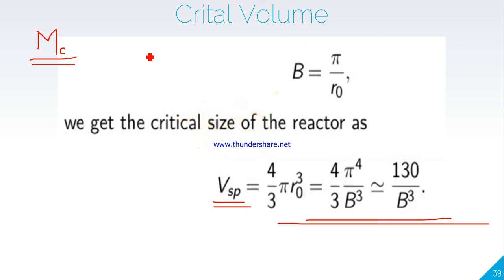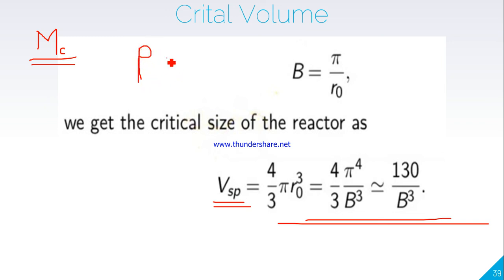Based on the enrichment, as this fission is spontaneous, it will be uranium 235, and we will know its density. Say the density is rho.